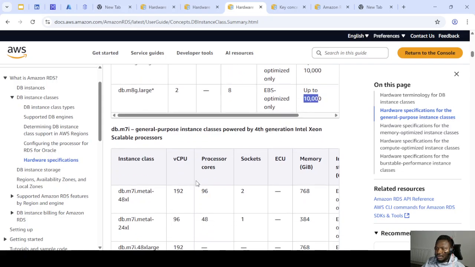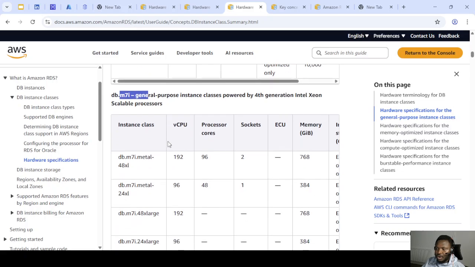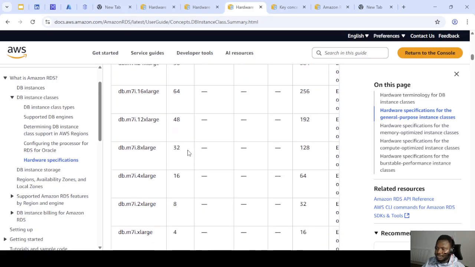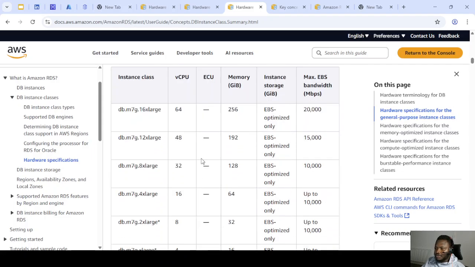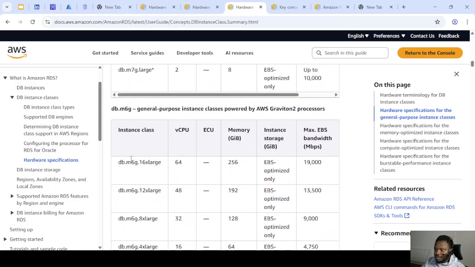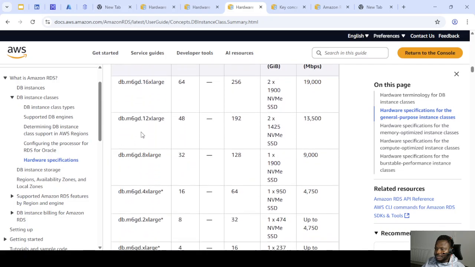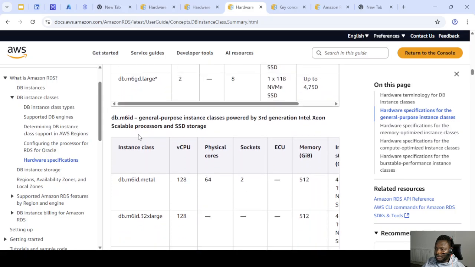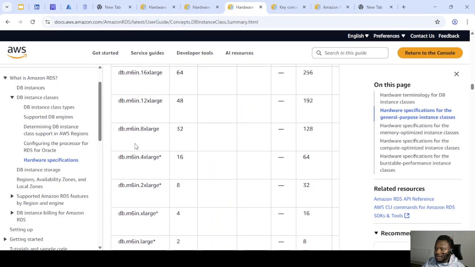You see the other M classes, that's the M7. Their physical hardware specifications are there, and that's how you go about this. That's general purpose, still about the M class.